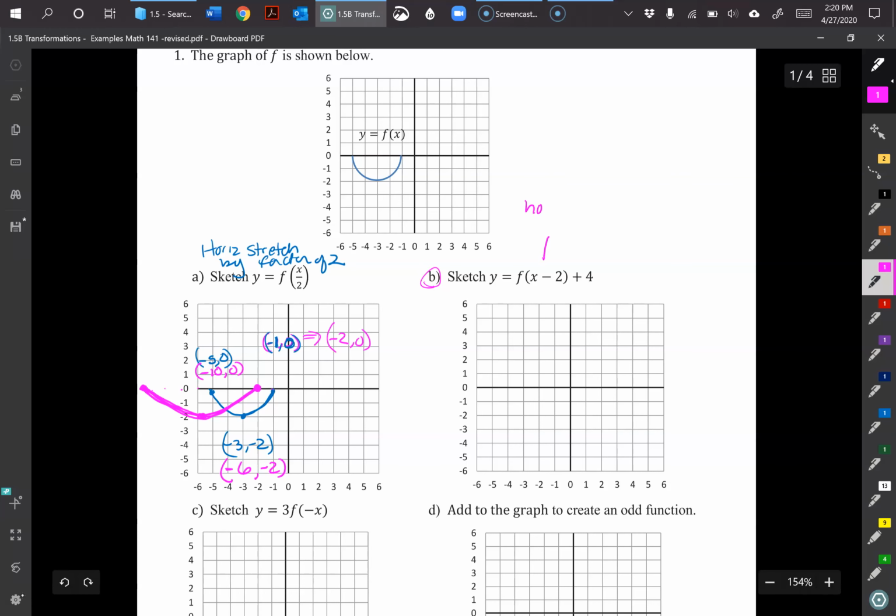So we have a horizontal shift to the right by 2 units.